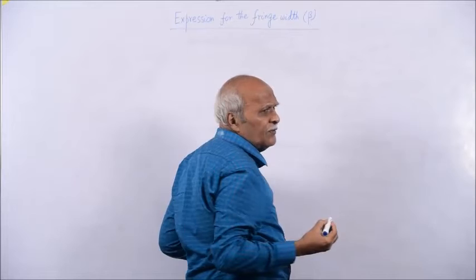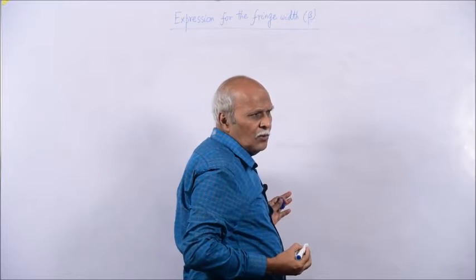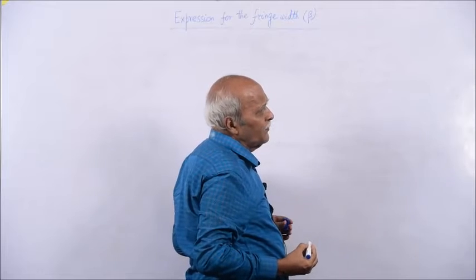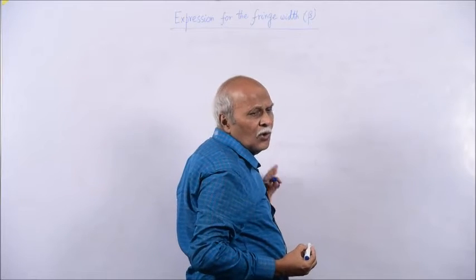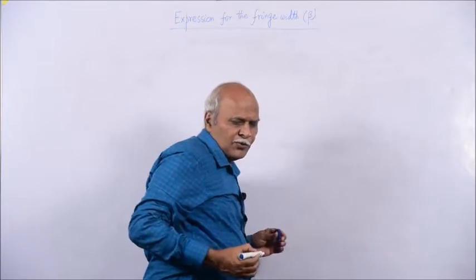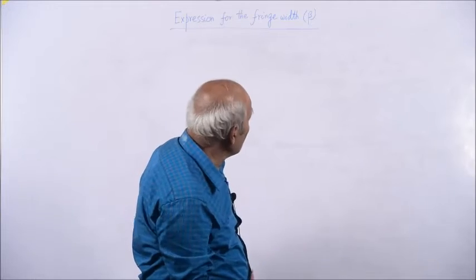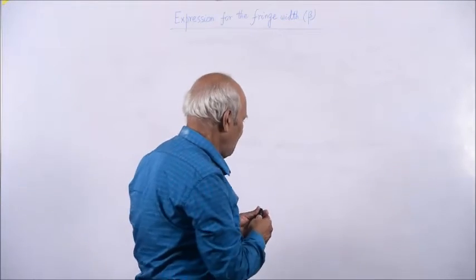Fringe width is defined as the distance between two successive bright spots or between two successive dark spots.